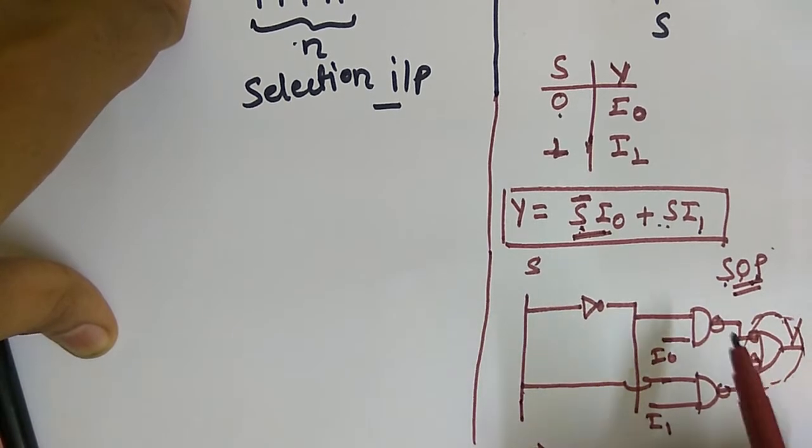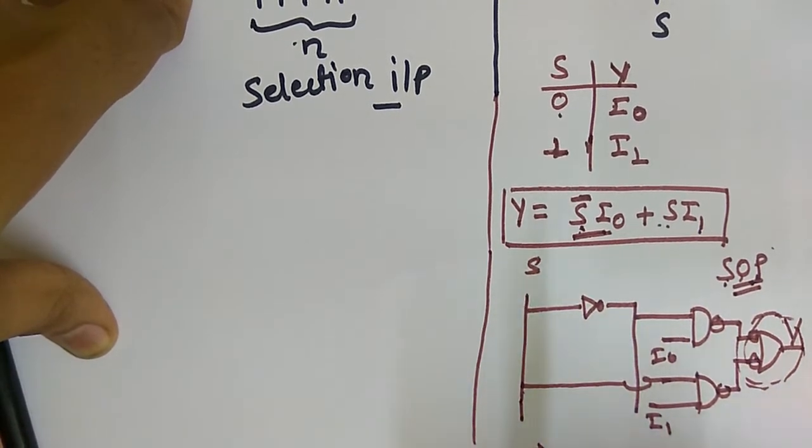If you have a POS form, then first convert it into SOP form, then implement it in the mux.